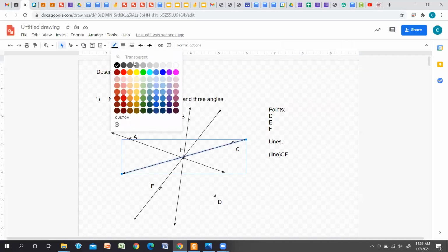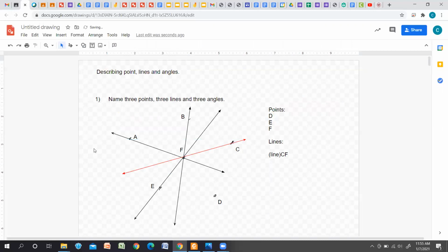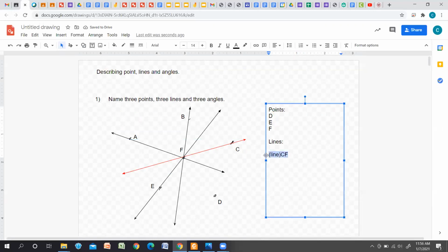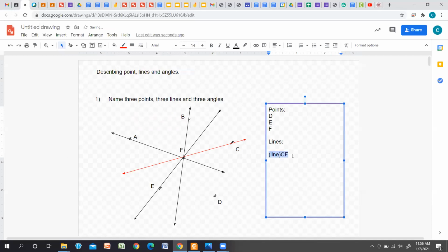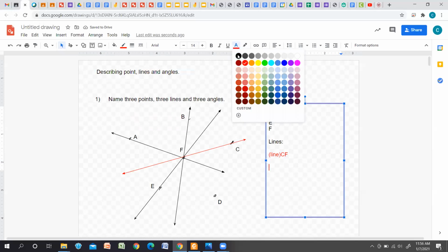I'll highlight it for a second. Let's make the text the same color. CF is that line, and I'll just leave that one highlighted so you can see.